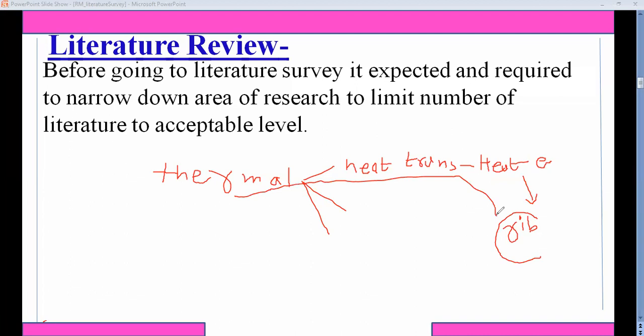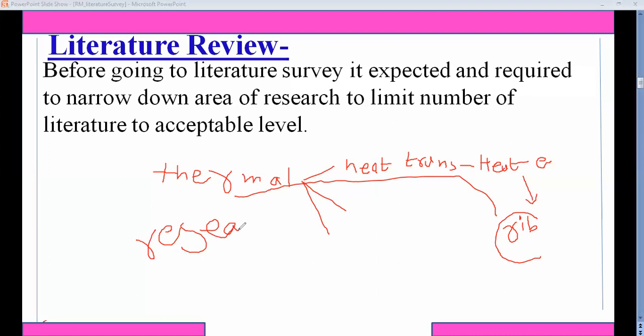So what literature can we use? Research papers. We can use the thesis. Please understand, if you go to Google and search thesis heat transfer enhancement, you will get theses. As I mentioned earlier, although a research paper is an authentic document for research, a thesis is more useful because it is very clearly written and has less omission of data.